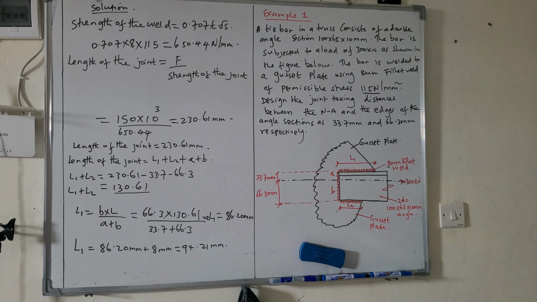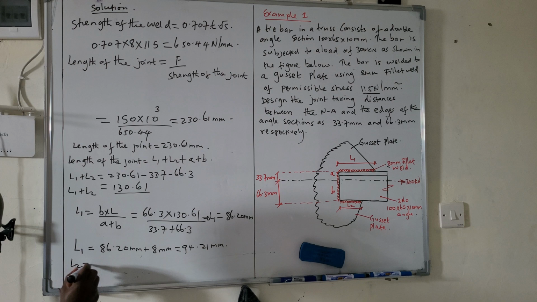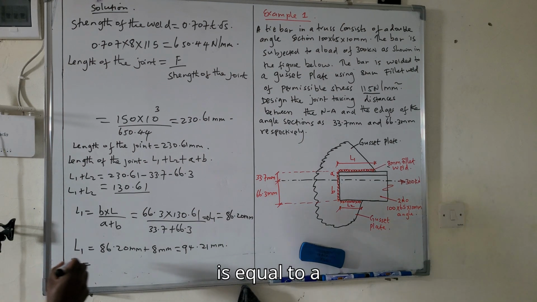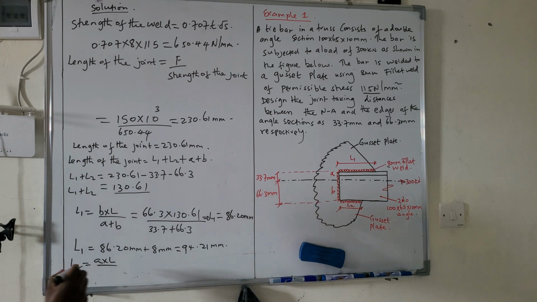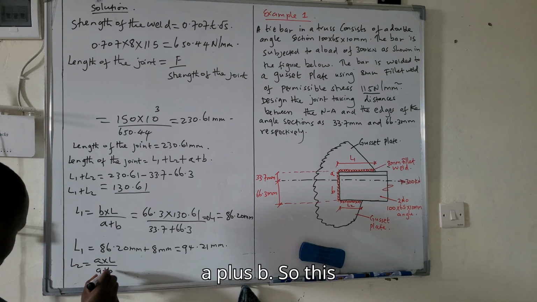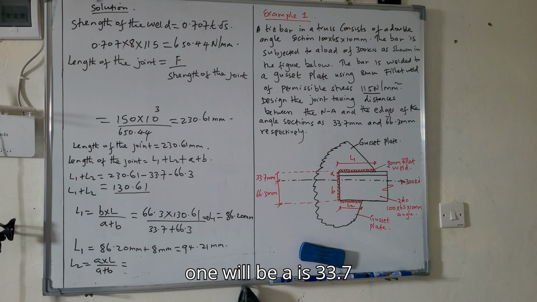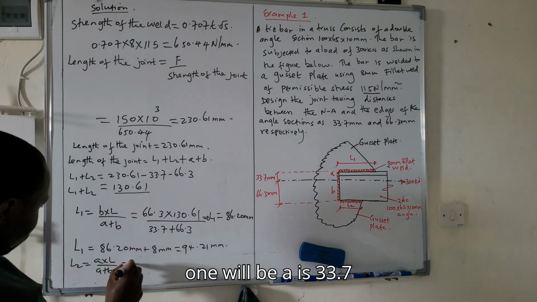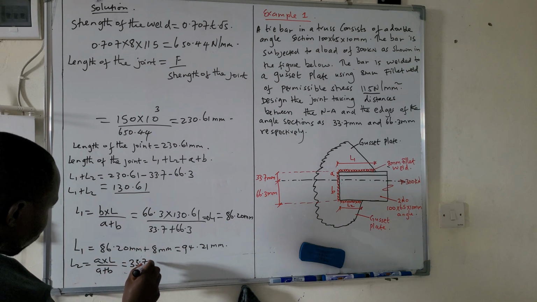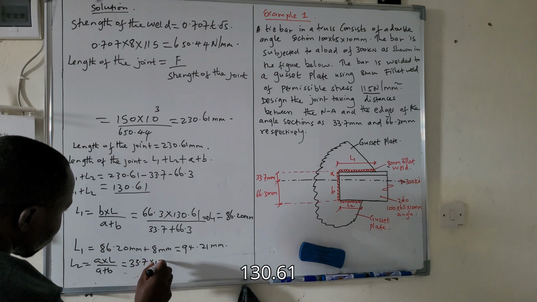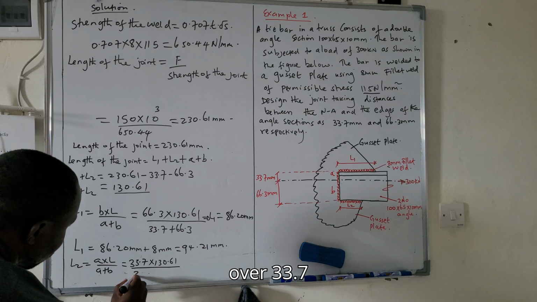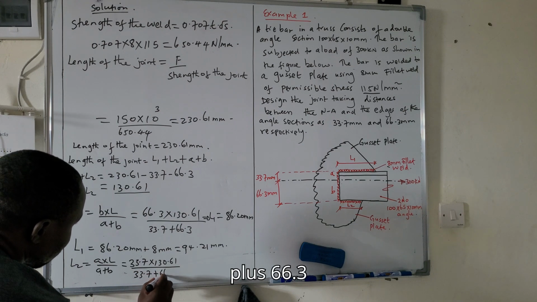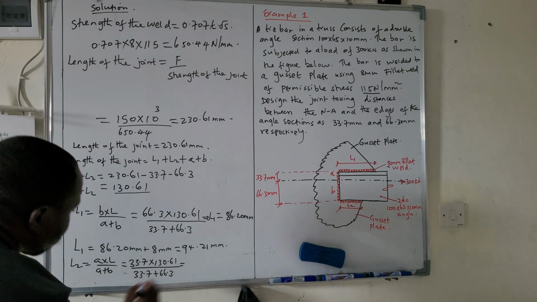So L2 is equal to A times L over A plus B. So this one will be A is 33.7 times L is 130.61 over 33.7 plus 66.3.